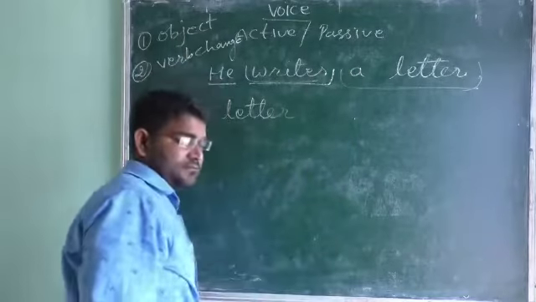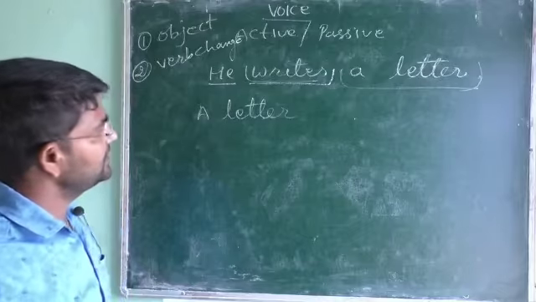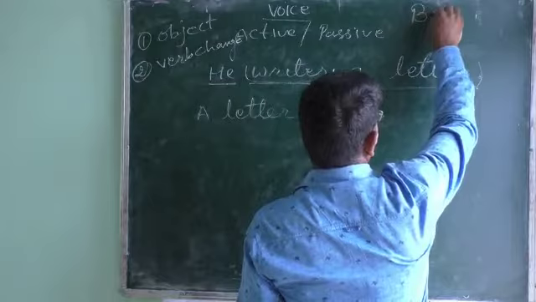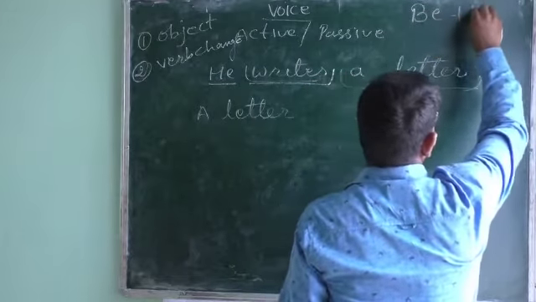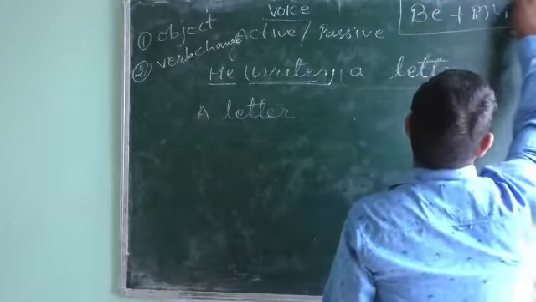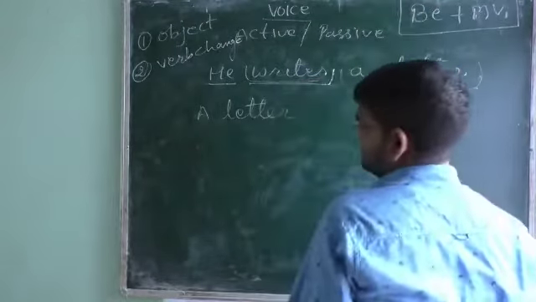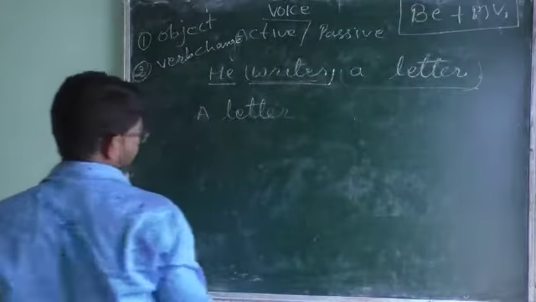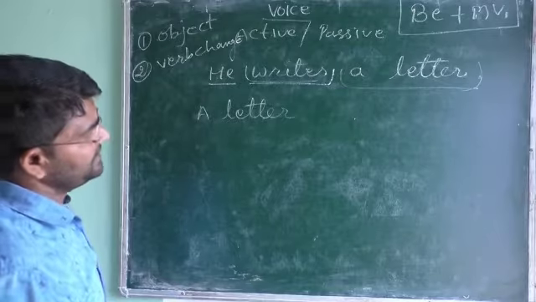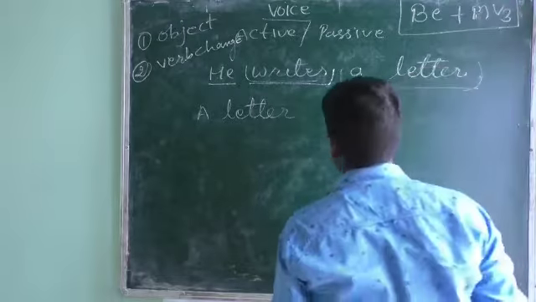This verb is in present form and we change it into this type of pattern. This is a formula you should keep in mind while you are changing from active to passive: be and the third form of the main verb.